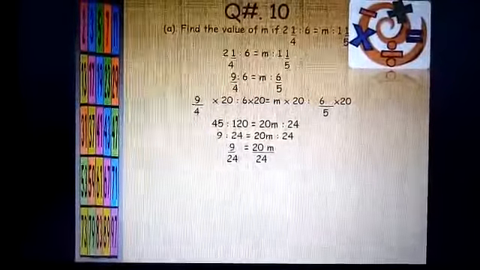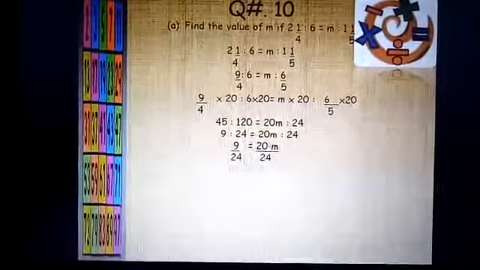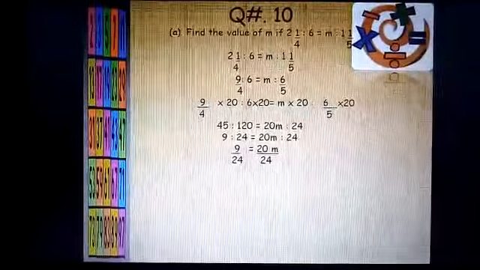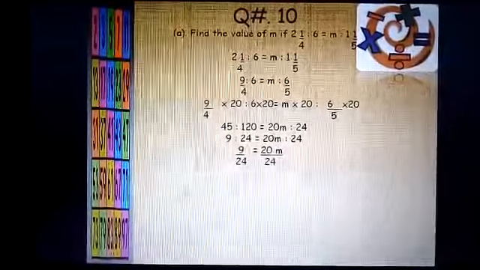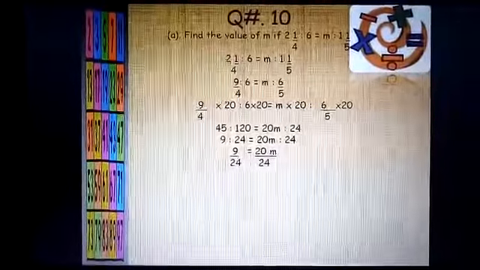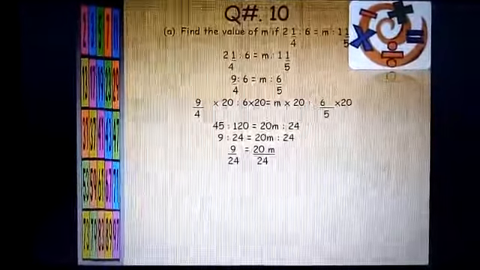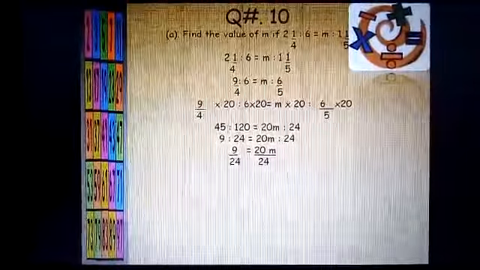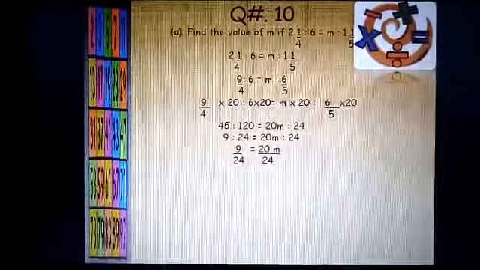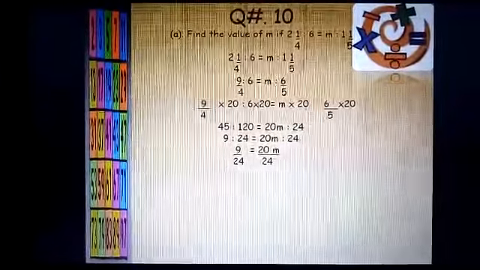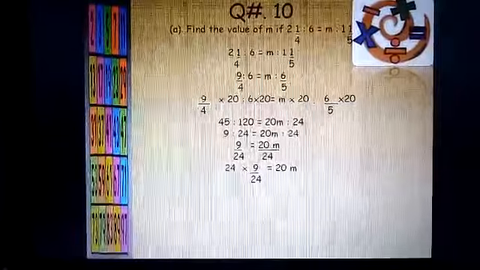So we will make m alone. First of all we will remove 24 here. How will we remove it? 24 is dividing here. We will move it to the left hand side, and when the division operation moves to the left hand side, it will become multiplication. 24 multiplied by 9 by 24 is equal to 20m.